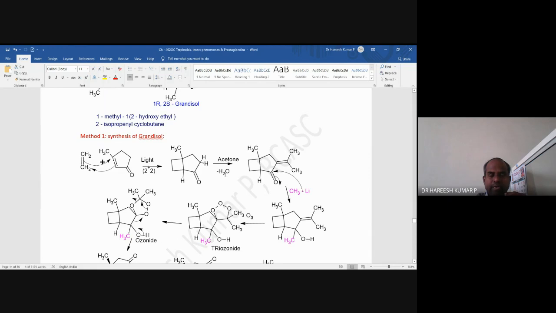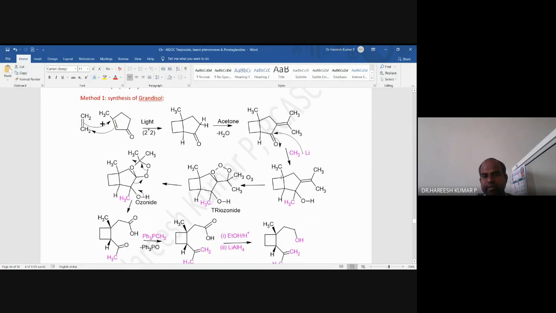There will be a removal of water, that means this H as well as this H and the oxygen of the acetone go out, forming an alpha beta unsaturated ketone. This is a ketone, and the obtained one is an alpha beta unsaturated ketone.